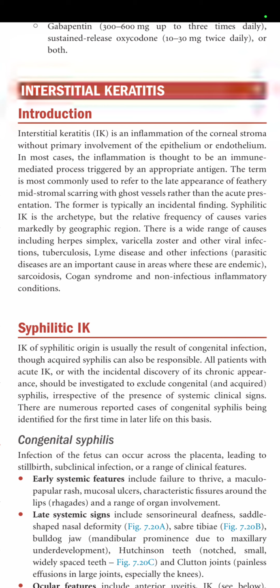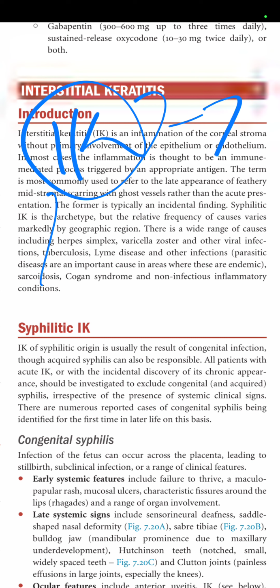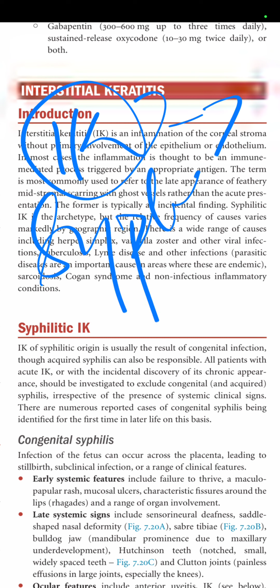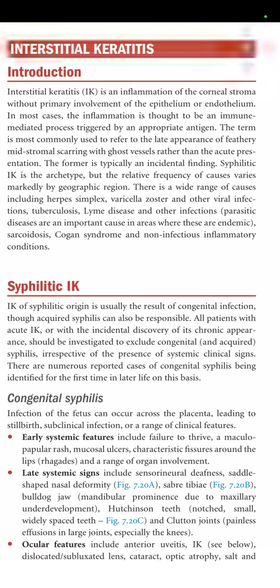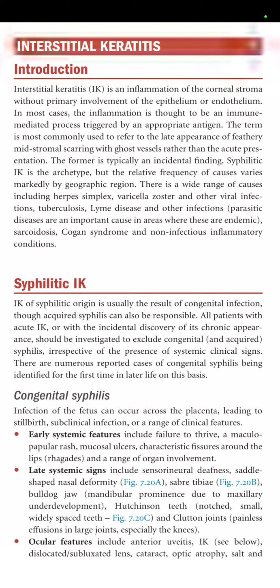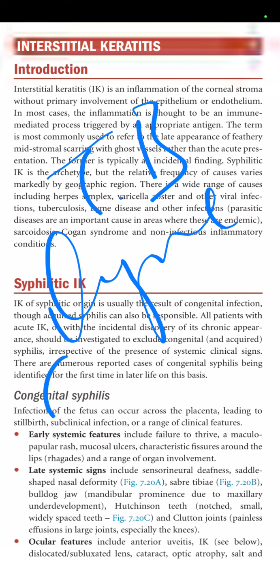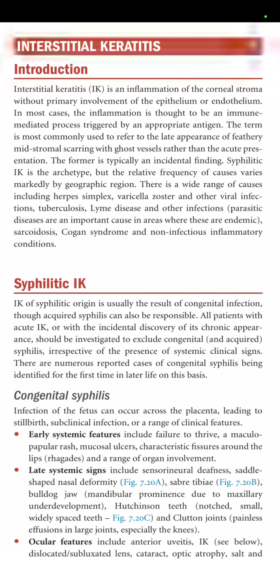Sarcoidosis, Cogan syndrome, and other non-infectious inflammatory conditions also cause it. So the most important cause of interstitial keratitis is syphilitic keratitis. If you see a case of interstitial keratitis, you must rule out syphilis. The rest are herpes simplex virus, herpes zoster virus, tuberculosis, Lyme disease, and one very important one, Cogan syndrome, as well as sarcoidosis and other non-infectious inflammatory conditions.